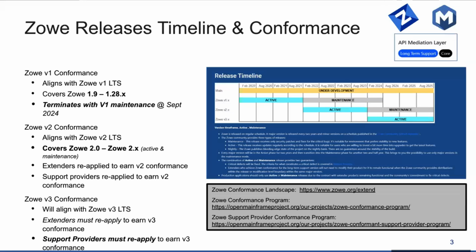If you are looking to apply for conformance with a service that's onboarding to the API Mediation Layer and is already conformant in V2, then as of now, we don't see any required changes you need to make in order to apply for V3. So it should be easy. Okay. Just a couple of new best practices, perhaps. Yeah, basically. But they don't prevent you from getting the badge again. Correct.